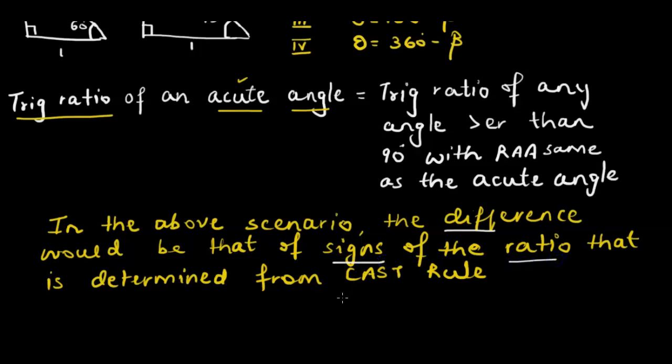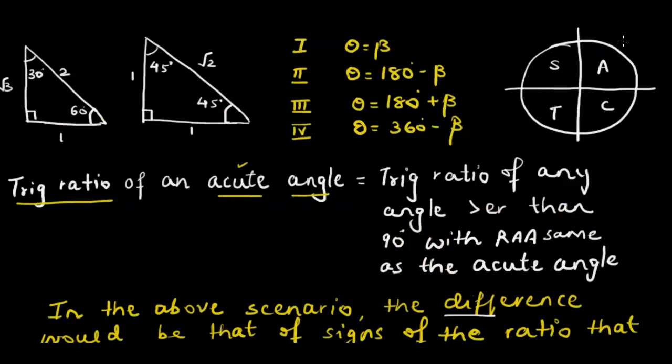It could be positive or negative, and the sign is determined by what is called the CAST rule. If we are in the first quadrant, all the trigonometric ratios are positive. So you always write down C, A, S, T, where C means cos positive, A means all positive, S means sine positive, and T means tan positive.